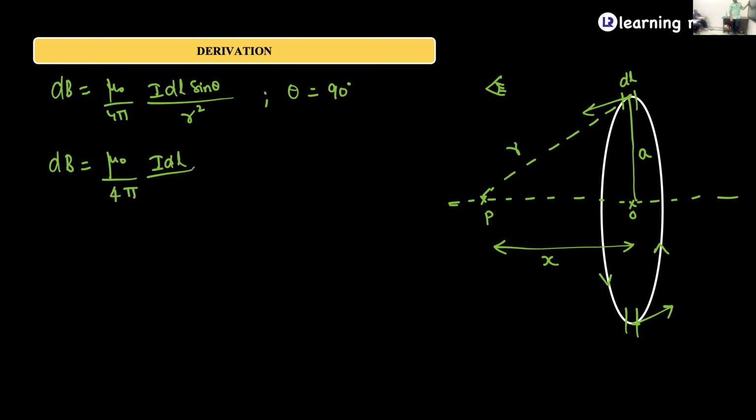What is the value of R square? R is basically root of a square plus x square, so R square will be a square plus x square. Now the question is, what is the direction of the magnetic field due to the small current carrying element?